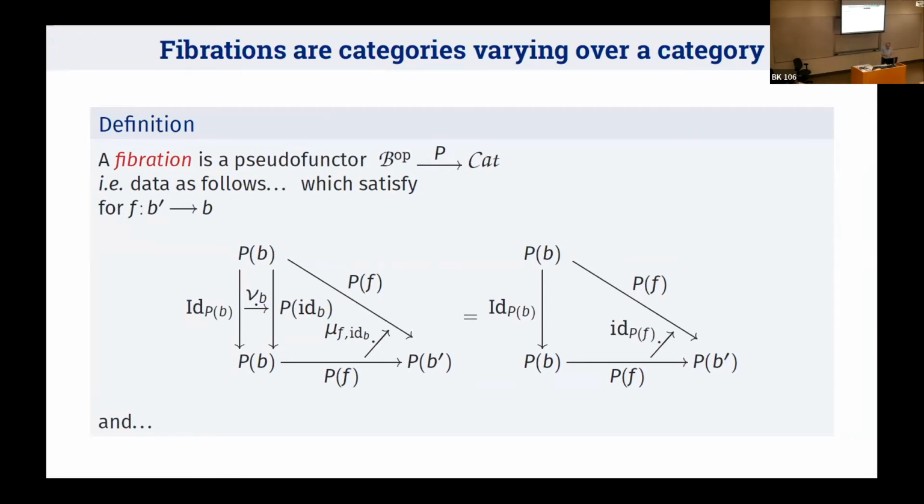It's a diagram of natural transformations. And here I'm comparing this natural transformation, which is easy to read because this composite is P of F, and it goes from P of F to P of F, so it's just the identity.